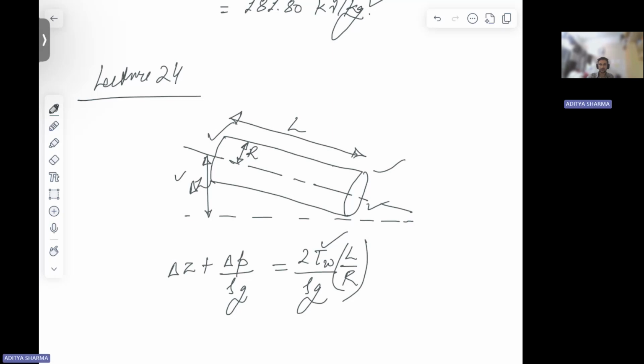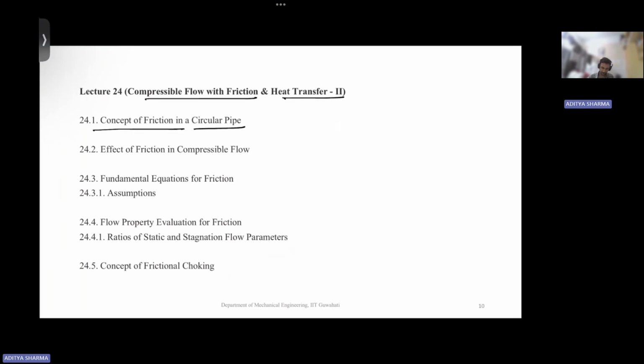The basic idea here is that when friction comes into picture in your compressible flows, you can change the flow properties by changing the length of your duct. So be it subsonic flow, be it supersonic flow, if you change the length of the duct, it is going to change the flow properties.